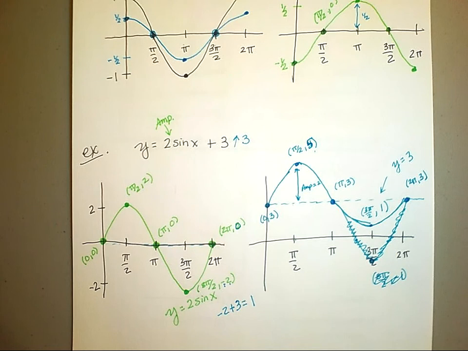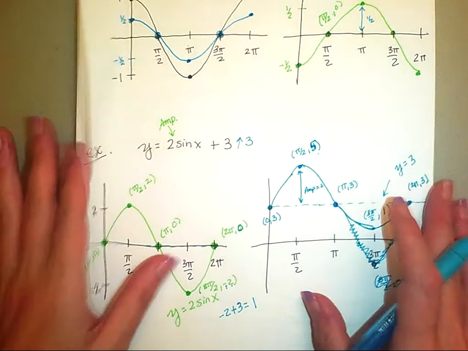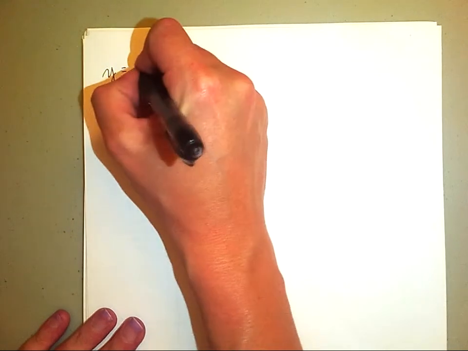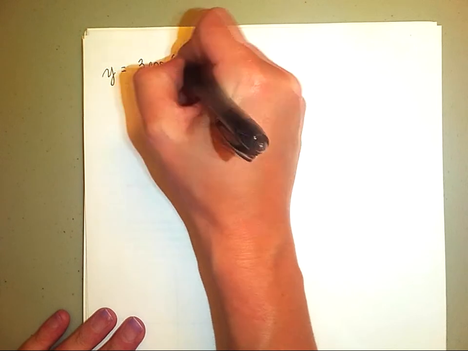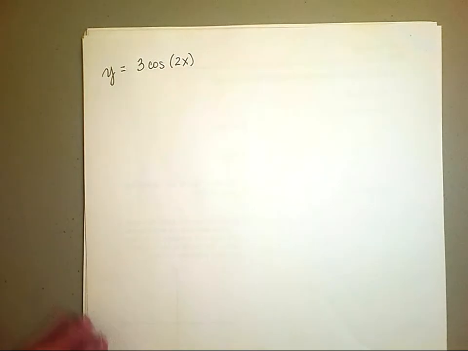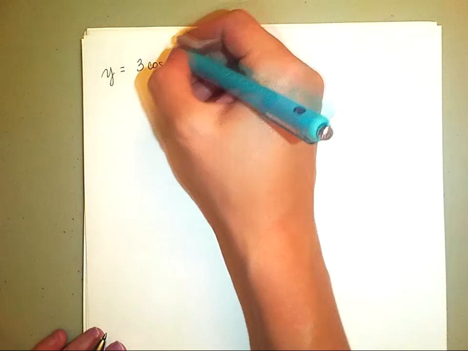We have 2 other changes to talk about. For example, if we have y equals 3 times the cosine of 2x, what's going to happen here?